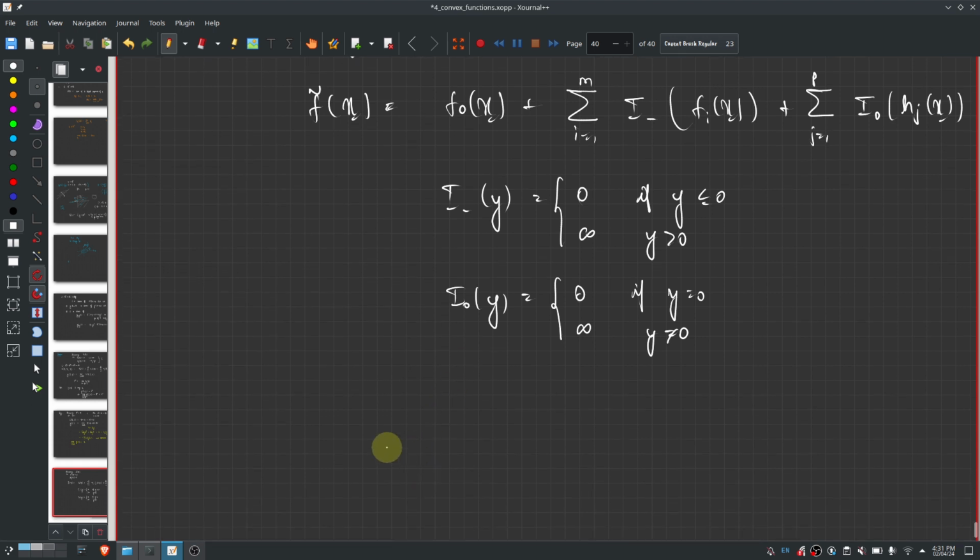So essentially f tilde of x is equal to f0 of x for any x that satisfies the constraints, and it's equal to plus infinity if x does not satisfy the constraints.